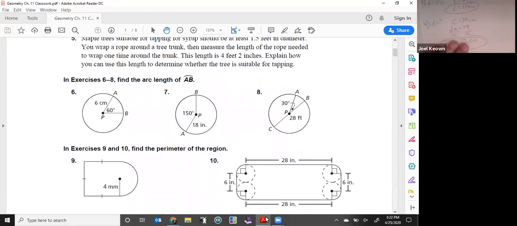Go down, let's try some of these. Fortunately, 6, 7, and 8 are all pretty much the same. Let's say that we want to find just part of the circumference. We call it the arc length, but really I'm just finding a fraction of the circumference. So I'll say arc length.